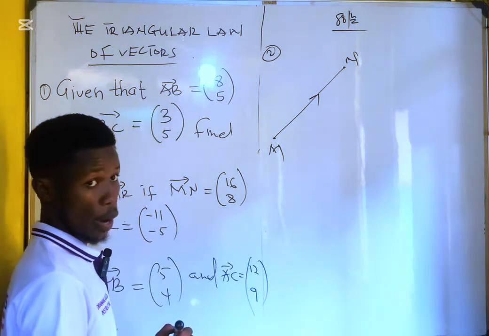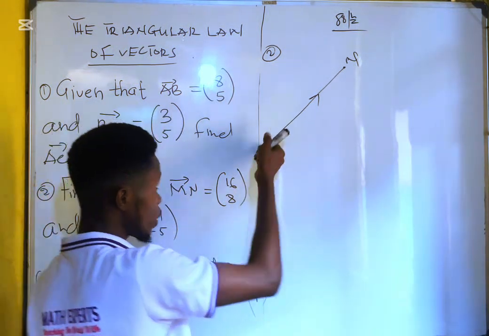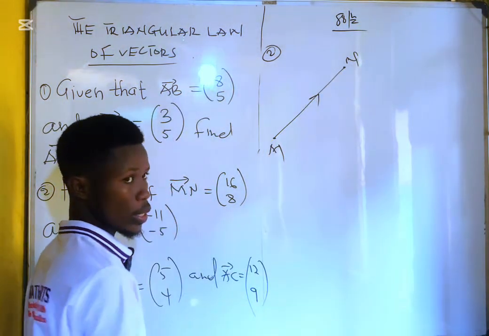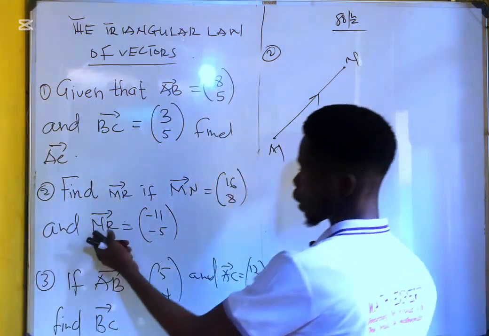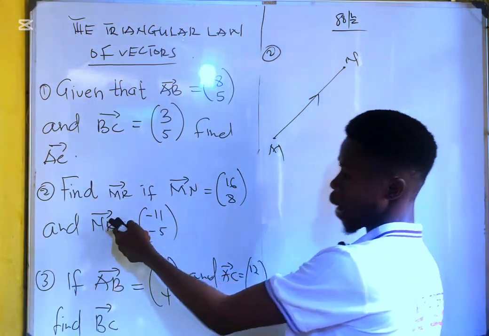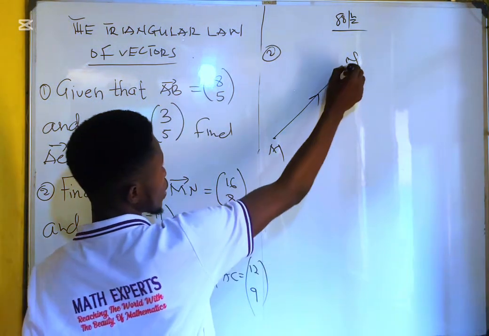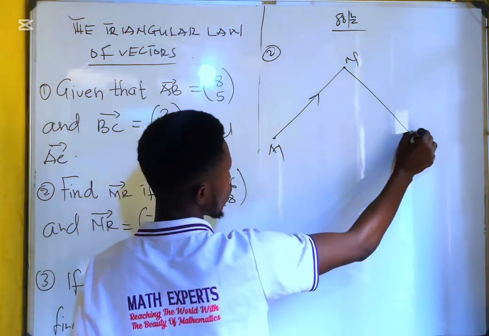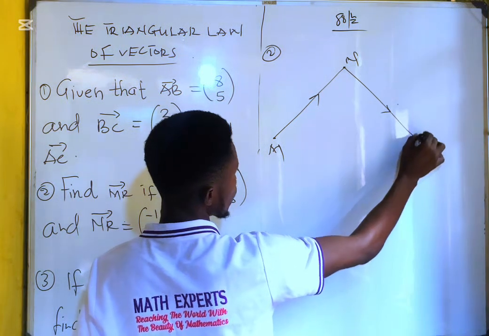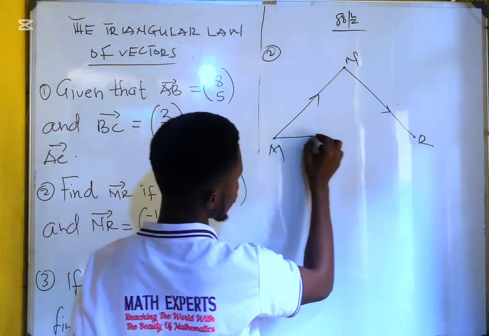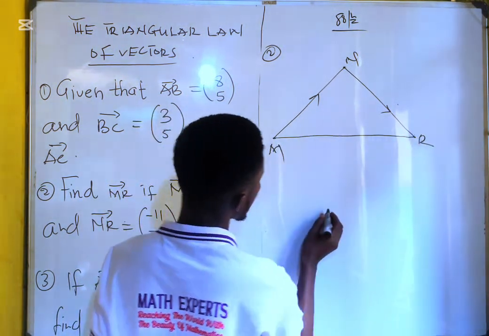That shows why it's a vector: a vector moves with a distance and a direction. Then when you get to N, it moves to R. But because you want a triangle, we join this together.